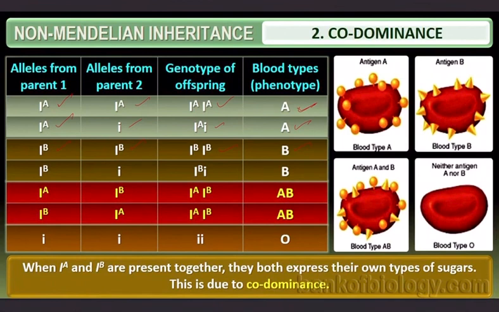Then it will be IA, I0. Still the child becomes A blood group fellow because of IA dominance.